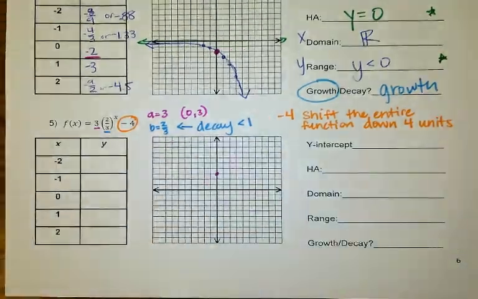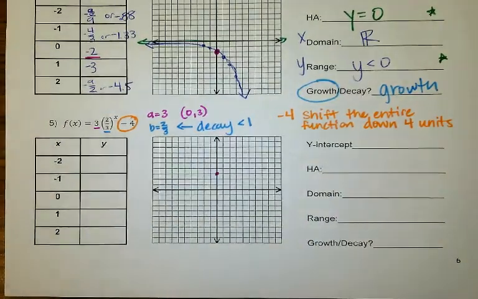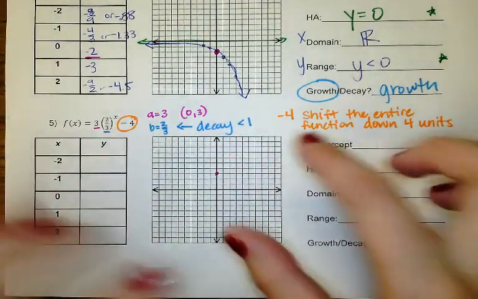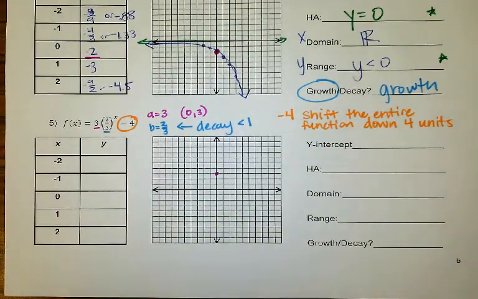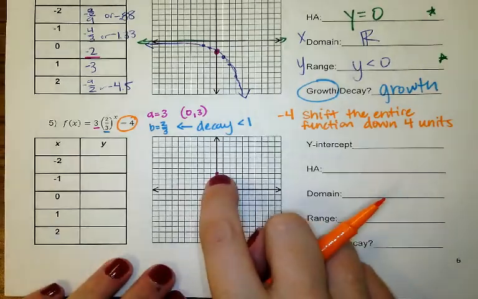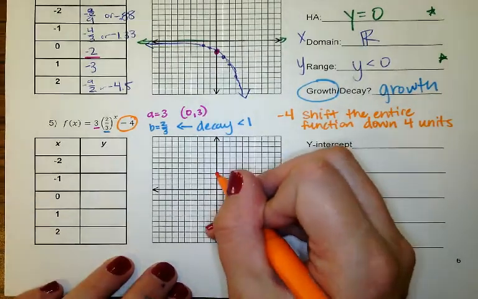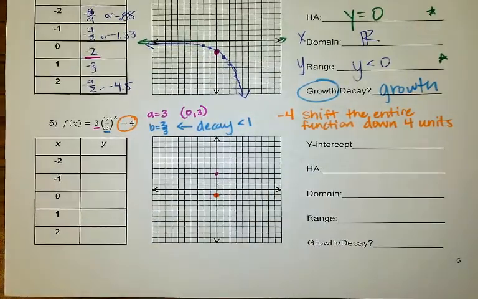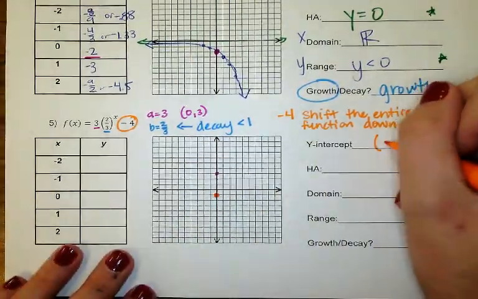It's like we have our 3(2/3)^x, and we're just going to move it down 4 units. So my new y-intercept would not be up here at 3. It's going to be down here at -1. Do y'all see that? So my y-intercept is actually (0, -1), because 3 minus 4 is -1. Do y'all feel good about that?